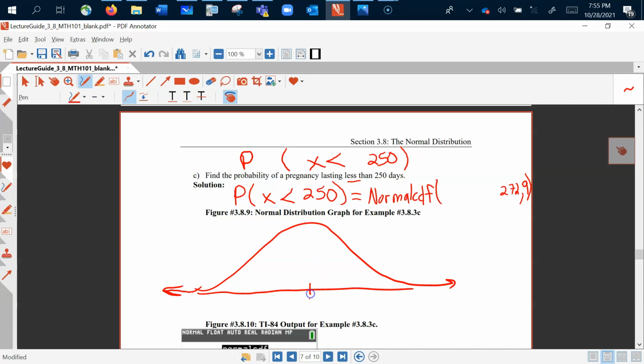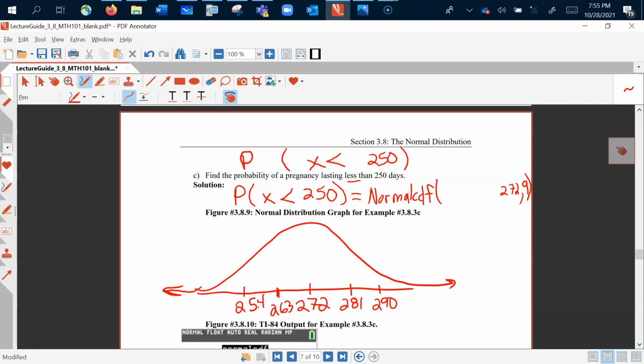Okay, so at the center is my population mean, 272 days. And here, one standard deviation is 281. Another standard deviation is 290. On the other hand, one standard deviation to the left is 263. And one more standard deviation to the left is 254.